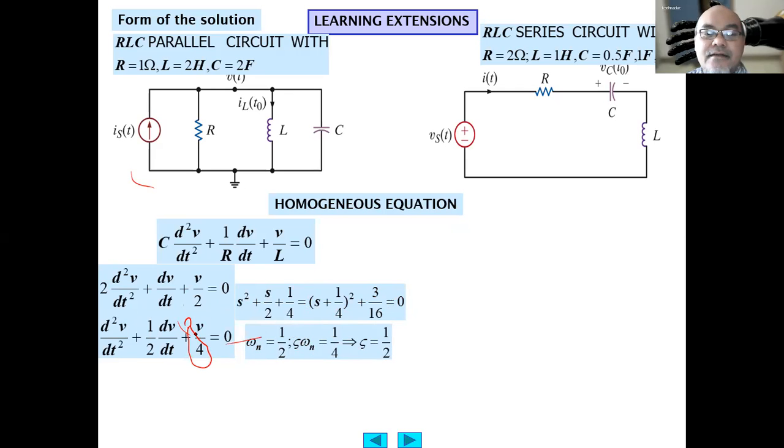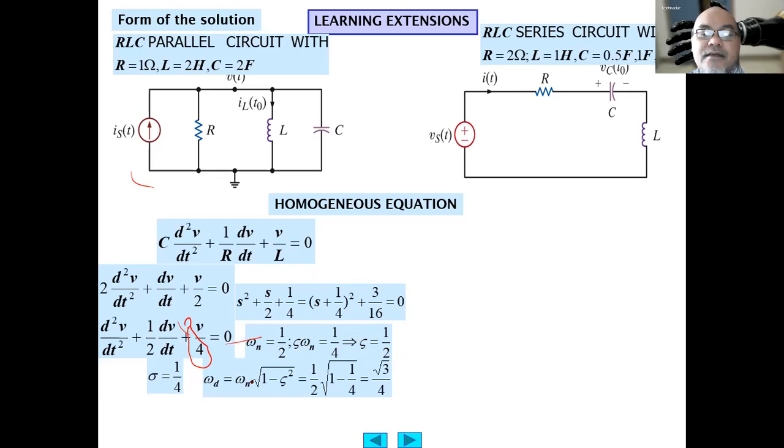The omega n here is the square root of 1/4, so this is half. And half here equals 2 zeta omega n. So it means zeta omega n equals 1/4. Omega n we put here half, so zeta equals half. The sigma then equals zeta omega n, the damping coefficient, or 1/4.